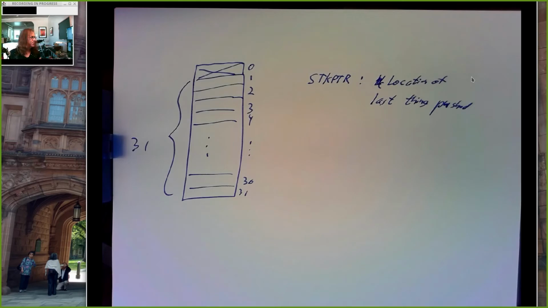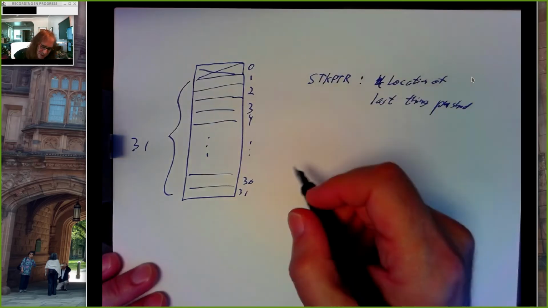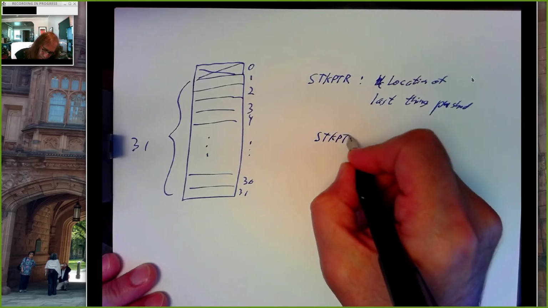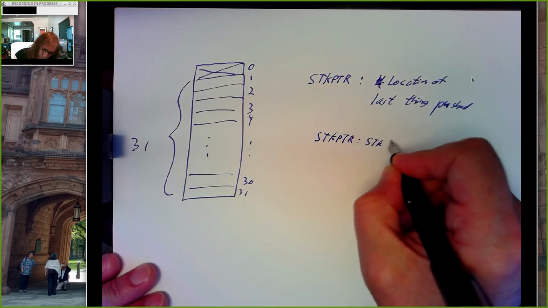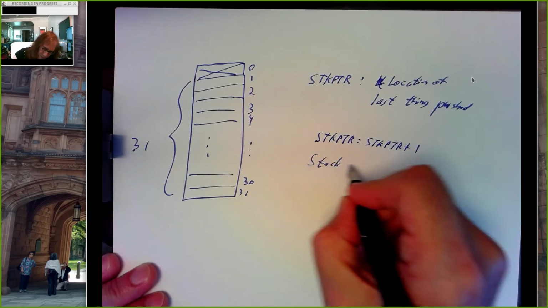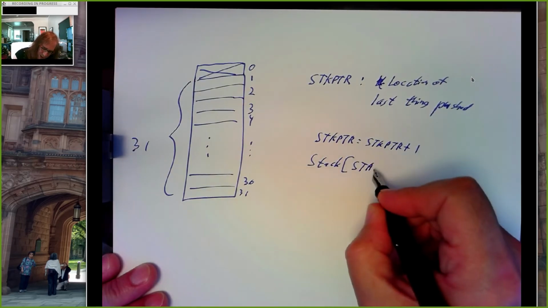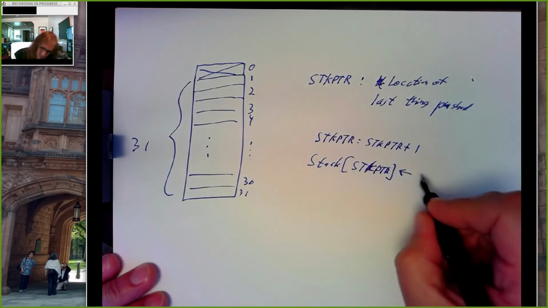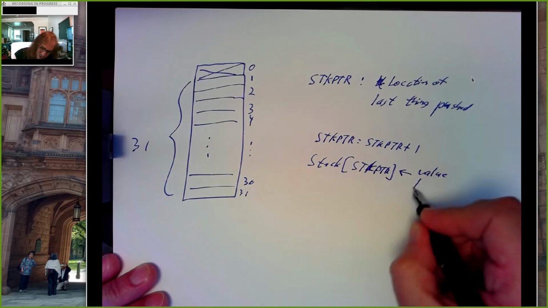So when you push something onto the stack, what do you do? You increase the stack pointer, and then you use that to save whatever value you want to push.